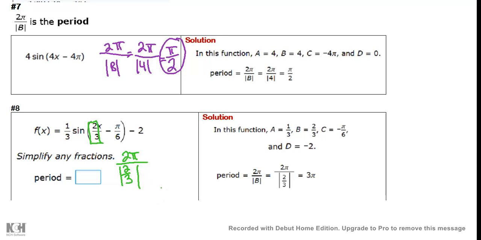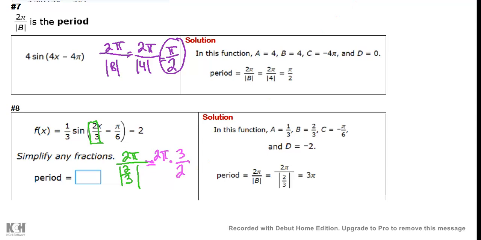You remember we're not dividing. We're going to multiply by the reciprocal, which is going to be 3 over 2.